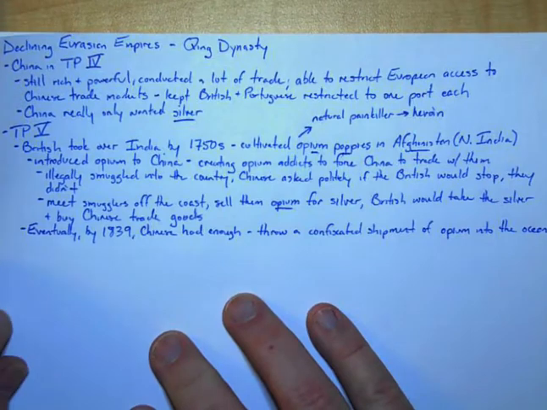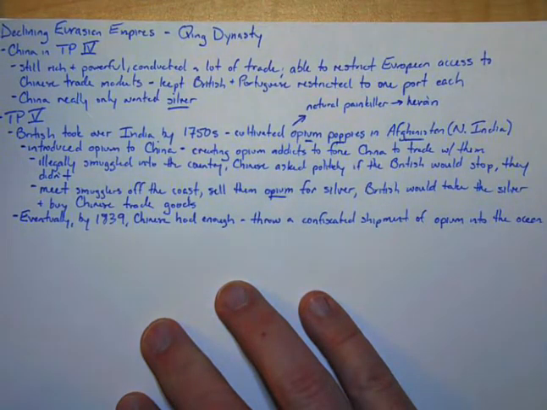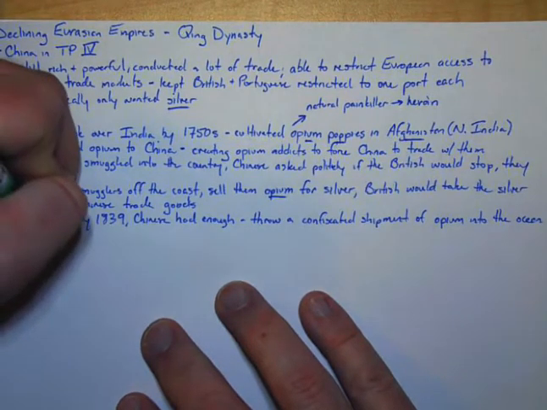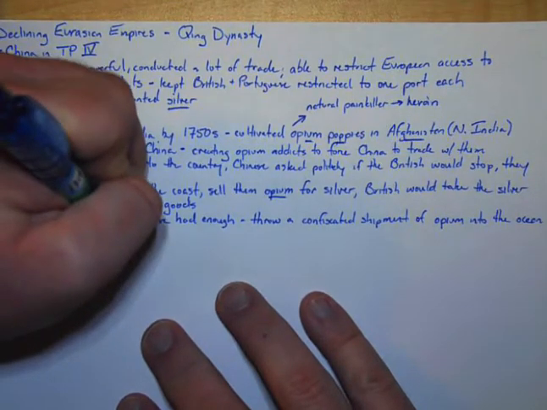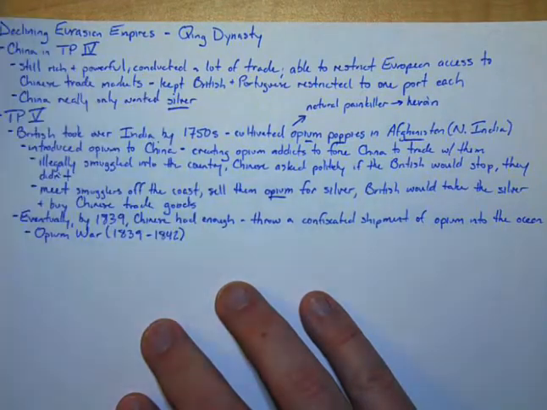And we all know how well the British respond to having their trade goods thrown into the ocean. And this starts the Opium War, which lasts from 1839 to 1842.